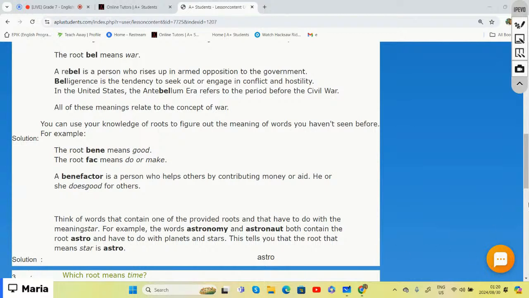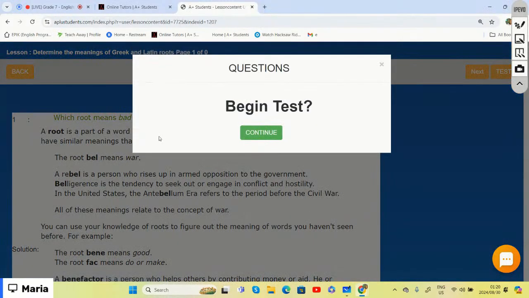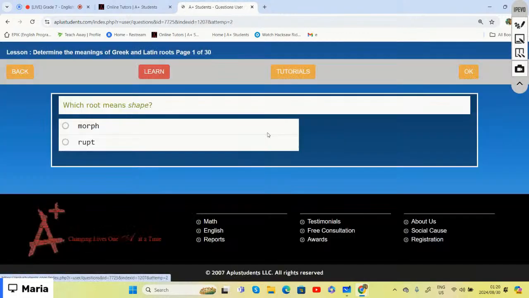All right. So now let's go to our test, where we are going to determine the meaning of the Greek and Latin roots. We need to say which root means shape.